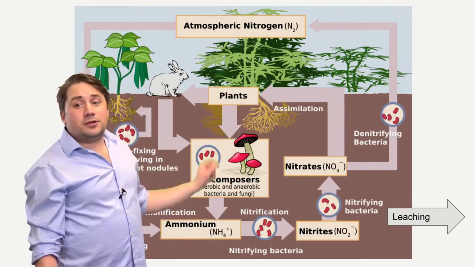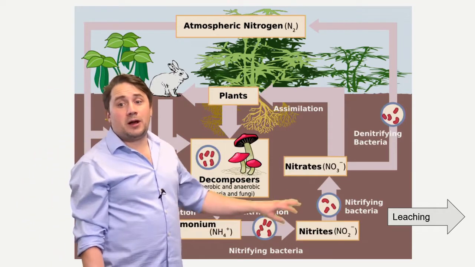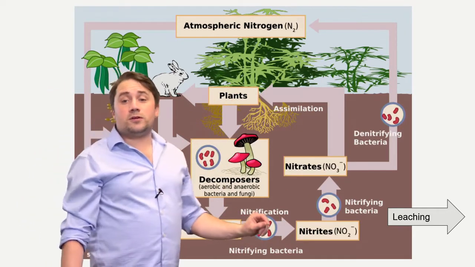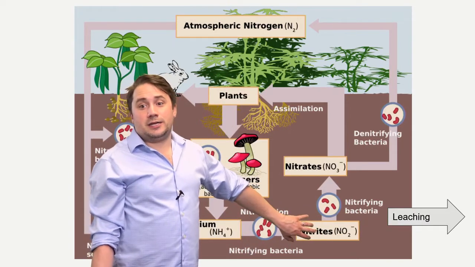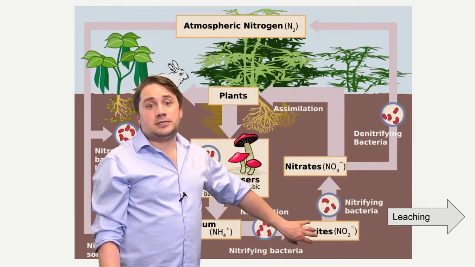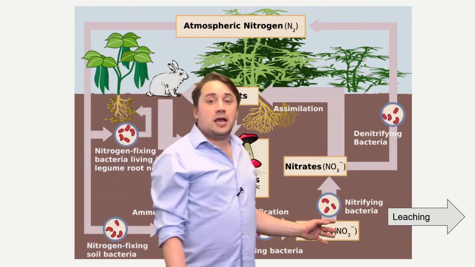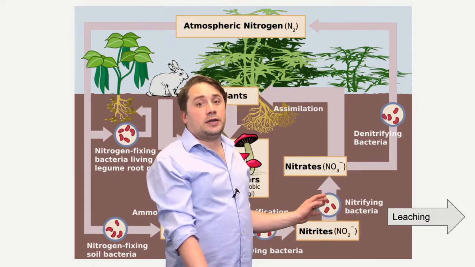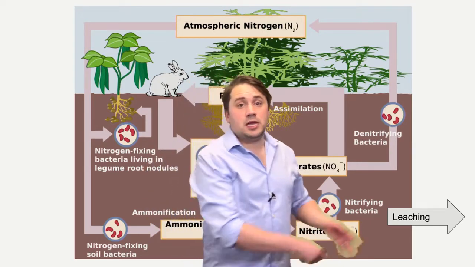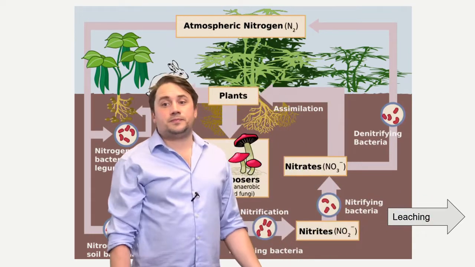And like I said, there are two off-ramps to this biological nitrogen cycle. The first off-ramp is through leaching. When you produce nitrate in the soils, this nitrate is not very well retained in soils, and so water can just flush it out of soils. And so you have loss of nitrogen in terrestrial ecosystems into aquatic ecosystems.